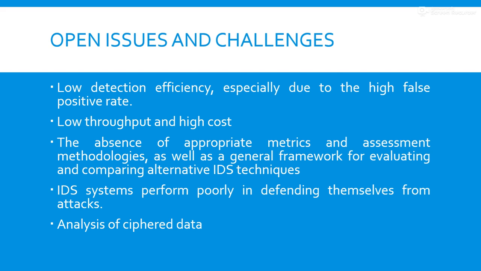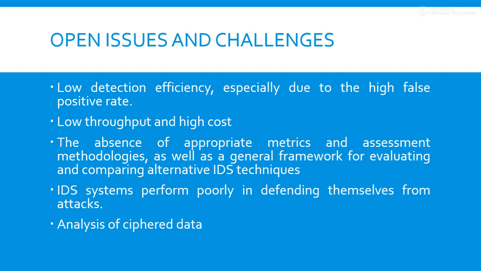Okay, another open issue or challenge with IDS is that IDS systems are not defending themselves. It is possible for an IDS system to be attacked, so they are poor at defending themselves from attacks. So we need some mechanism so that IDS systems are not only looking for traffic that is targeting other systems, but also look at the traffic that is attacking themselves.